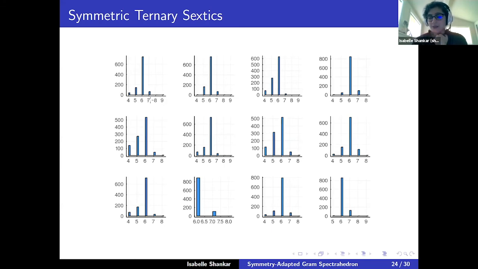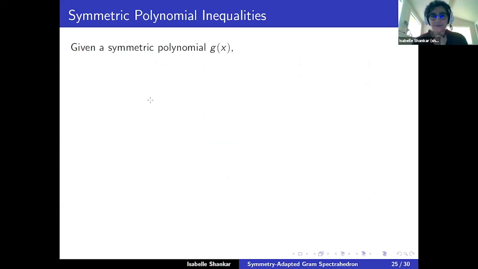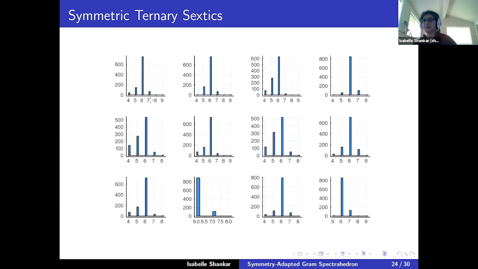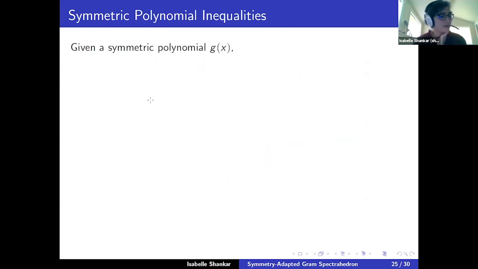That's what I have to say about the symmetry-adapted spectrahedra, the geometry and the real algebraic geometry behind it. I'm going to move on to symmetric polynomial inequalities next, but I'll stop and see if there are any questions.